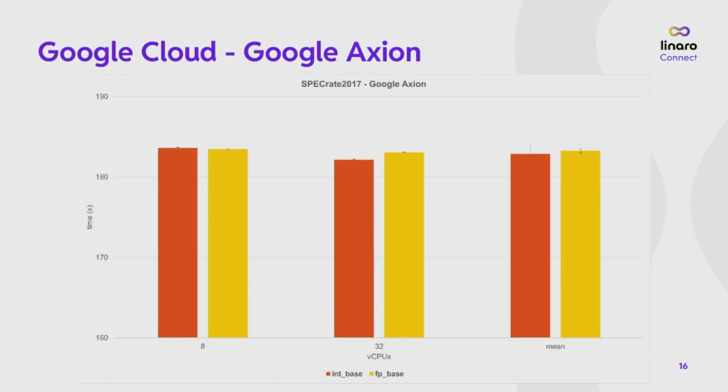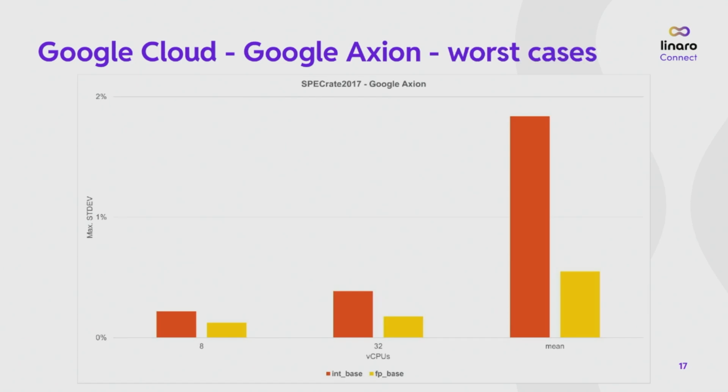Now for Google Axion, the results are different. We can see that the measured times are very similar one to another, even when we consider different instances, and the standard deviation is very low. Even when we look at the worst cases, if we consider only the benchmarks running in the same instance, it's less than 0.5%.